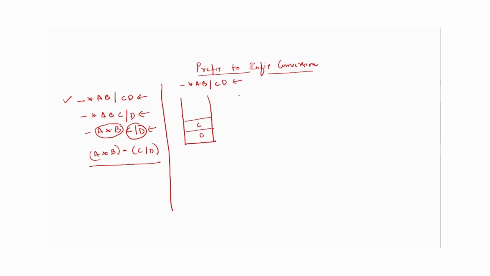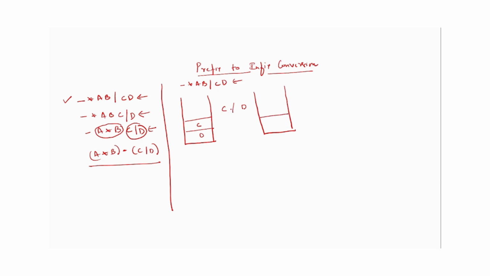We stop there, and we pop out C and D. C would be operand 1, D would be operand 2, and what is the operator? By. So I'll write C by D here. Once we pop out, the stack would be empty.